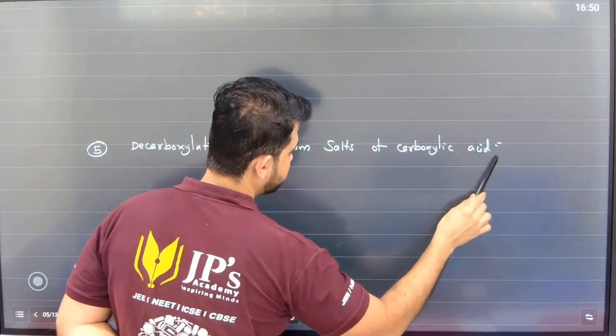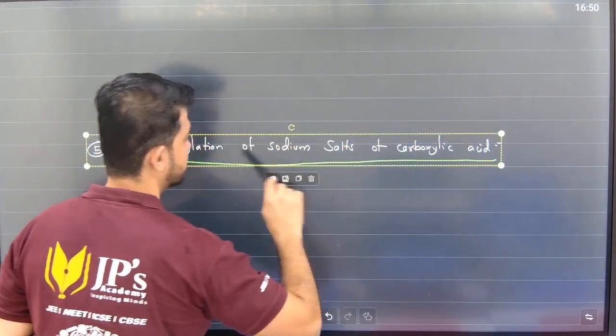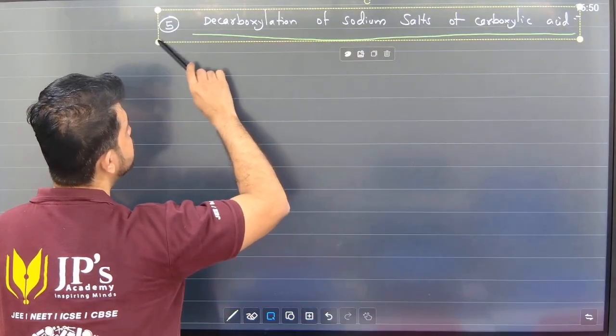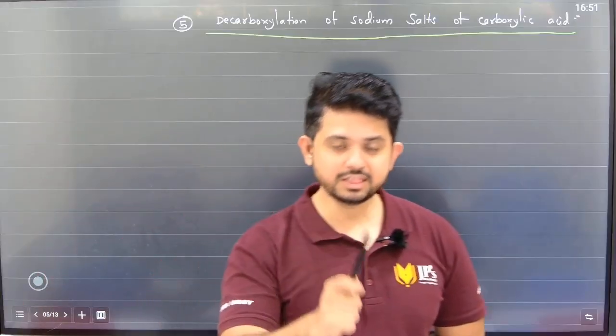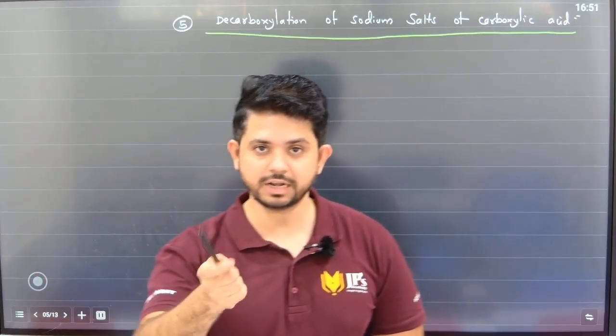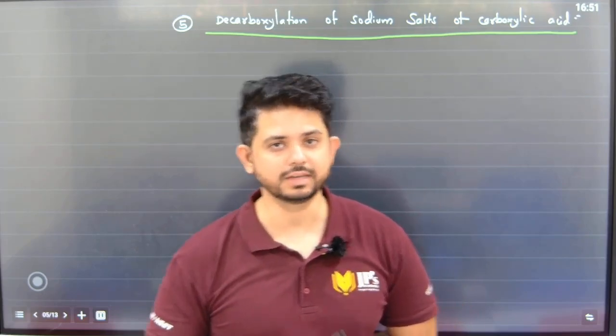Very important method, decarboxylation of sodium salts of carboxylic acid. I'm sure students, you have already done this in the chapter alkanes, because we study the same method as a method of preparation of alkanes.